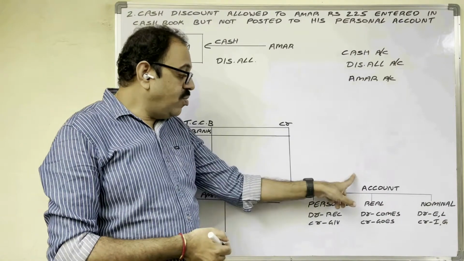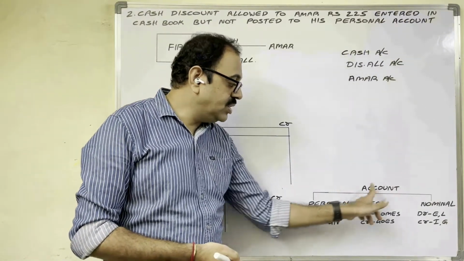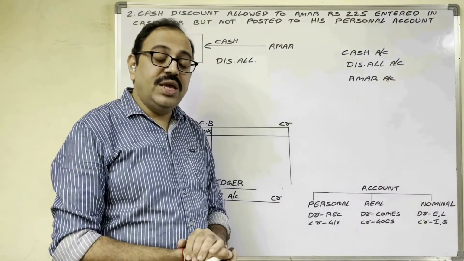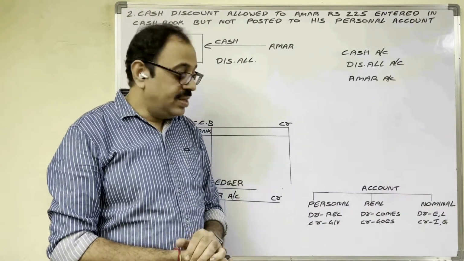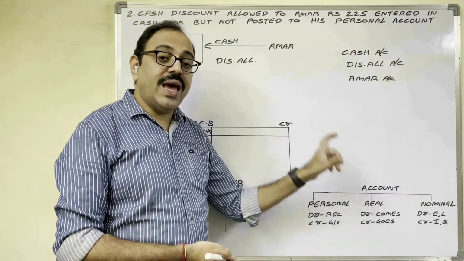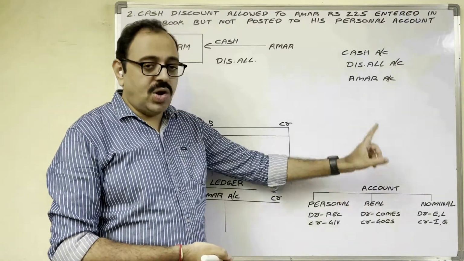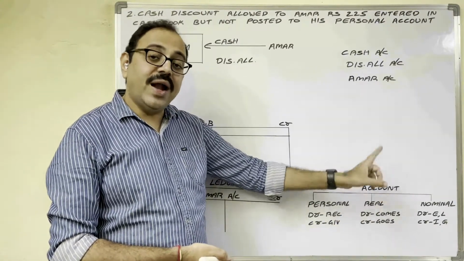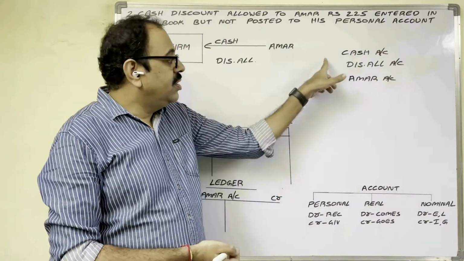Now, accounts are divided into three types: personal accounts, real accounts, and nominal accounts. If any account is opened with a person's name or a firm's name, that is a personal account. If any account is opened with an asset name, it is a real account. Expenses, losses, incomes, and gains related accounts are nominal accounts.